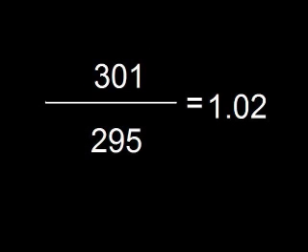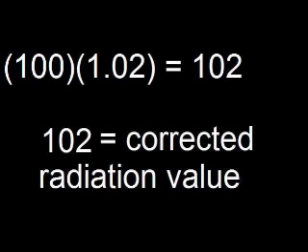And this is 301 divided by 295 equals 1.02. Again, take our measured radiation value times your temperature correction, and let's say we measure 100 times 1.02 equals 102. As you can see, as you increase your temperature, we have less air molecules. Thus, we will measure less radiation, and we have to apply this factor to scale everything up to get our true measured value.